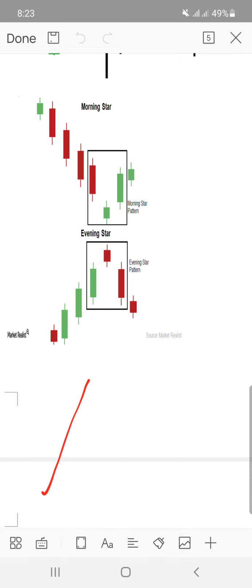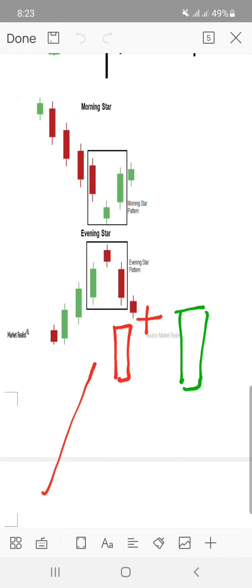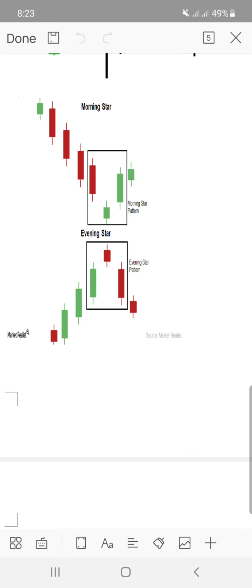For the evening star, it goes up. You notice a bullish candle, then a doji, then a bearish candle, which is telling you that this is a sell, right? Then for the morning star candlestick pattern, it goes down.